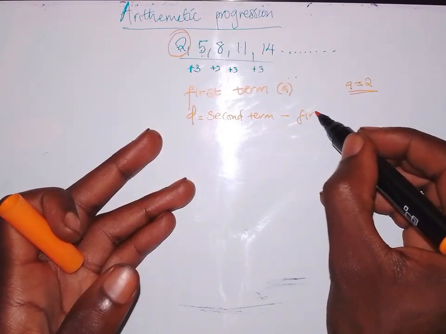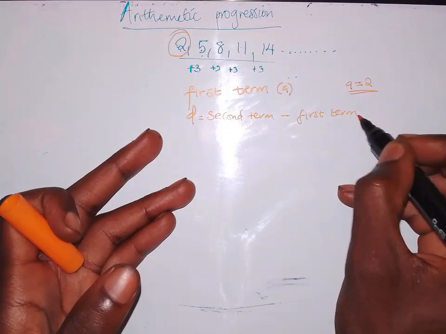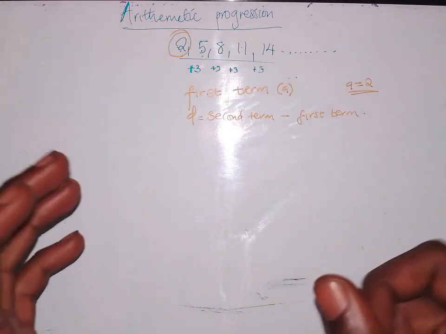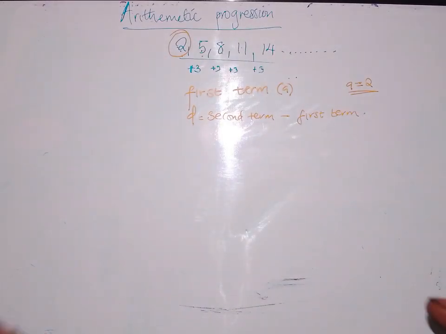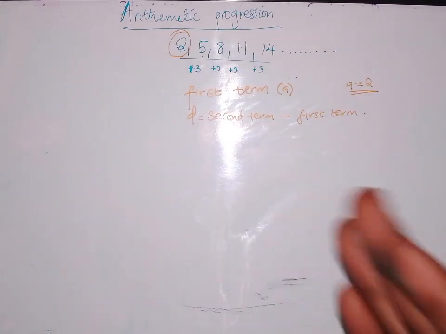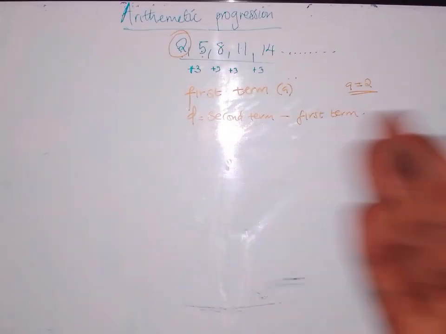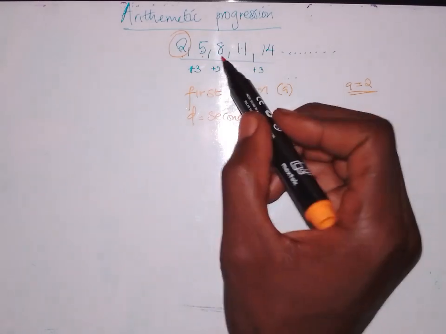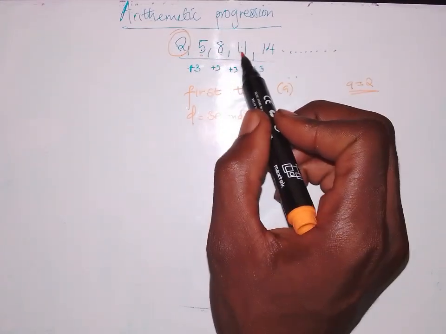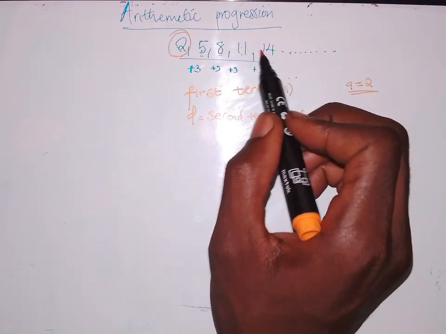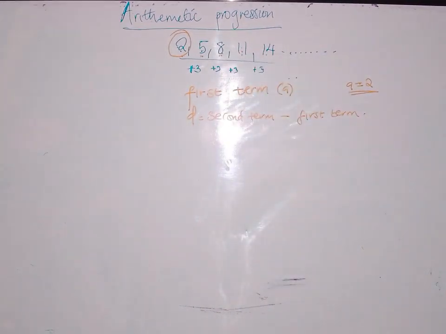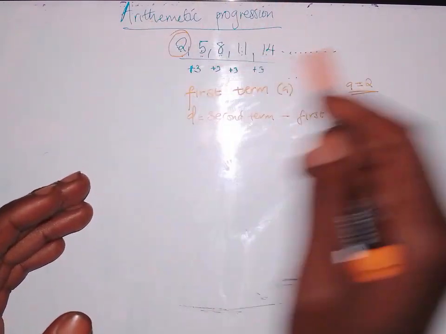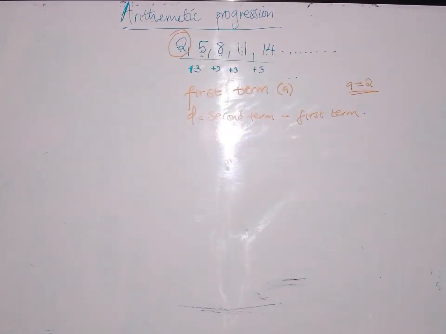When we say this, we do not mean that in each and every situation you have to subtract the second and the first. You can also subtract the third and the second, the fourth and the third, the fifth and the fourth, because the difference among all these is the same.